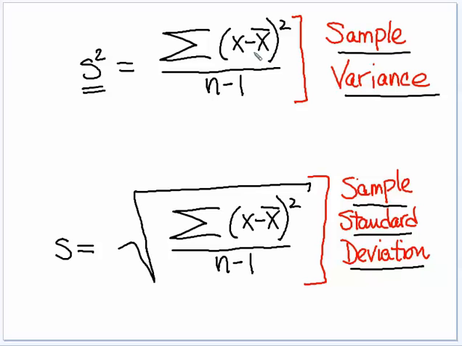We have our X bar. We go through each of these different data samples. Go X minus X bar, square it, add them all up, divide by the number of numbers minus 1. We get a variance. Take the square root of that, and we get a standard deviation.